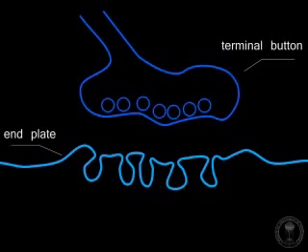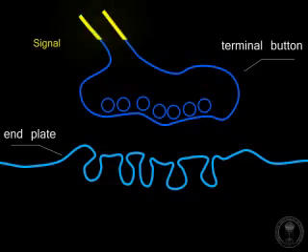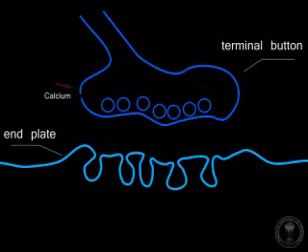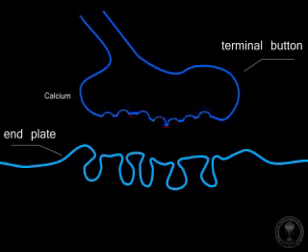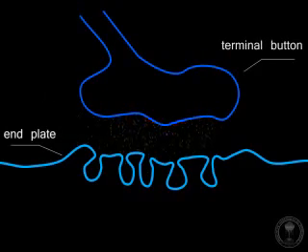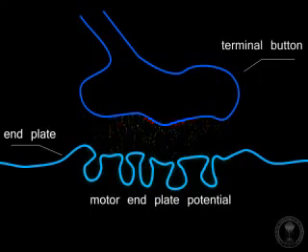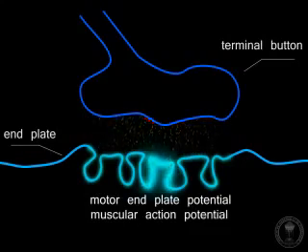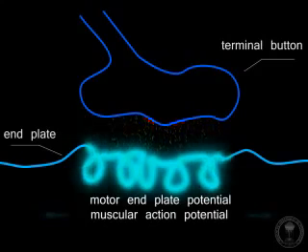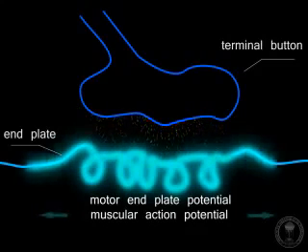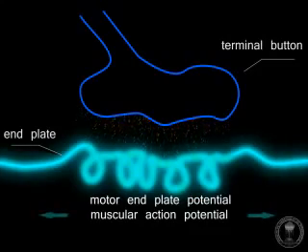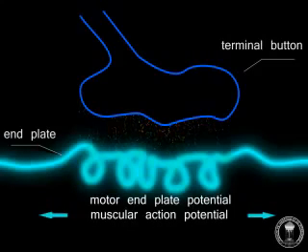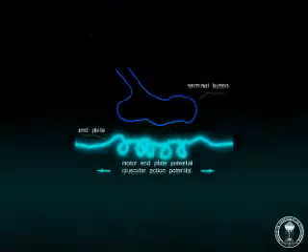When the nerve impulse reaches the terminal button, it causes an influx of calcium ions inside the cell. The calcium ions promote the fusion of synaptic vesicles with the plasma membrane, thereby releasing their content of acetylcholine. The acetylcholine molecules bind to their receptor at the end plate and cause an influx of sodium ions within the cell.